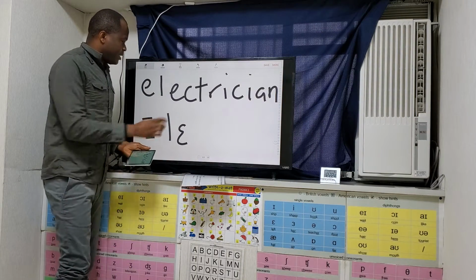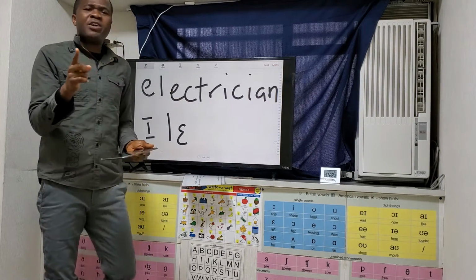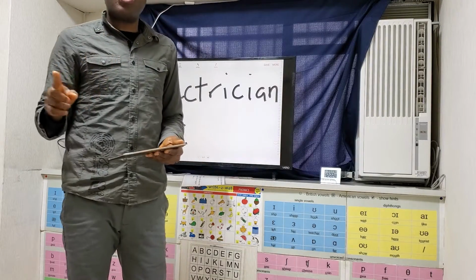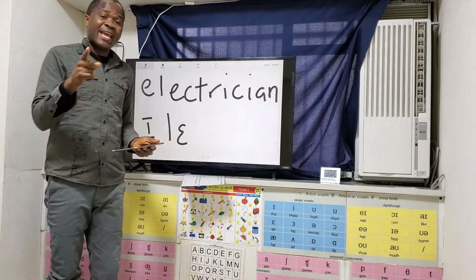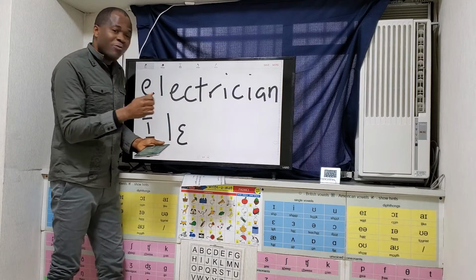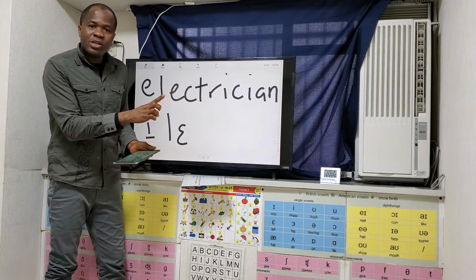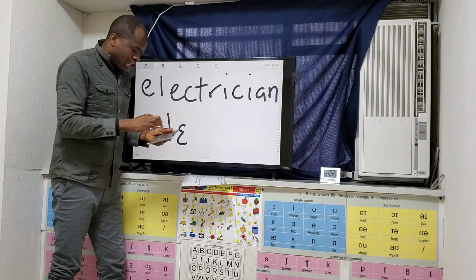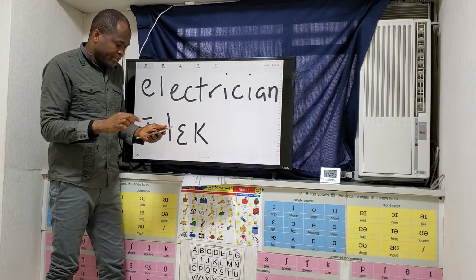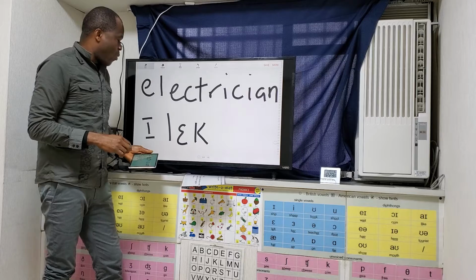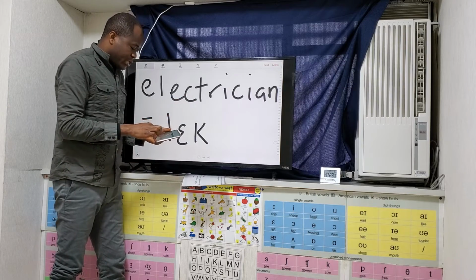Then we have this C. Remember, in phonemes or IPA, we don't use C. Instead, we use K. So this C is going to transform into K. So I'm going to write K there. Then we have our T, which doesn't change.